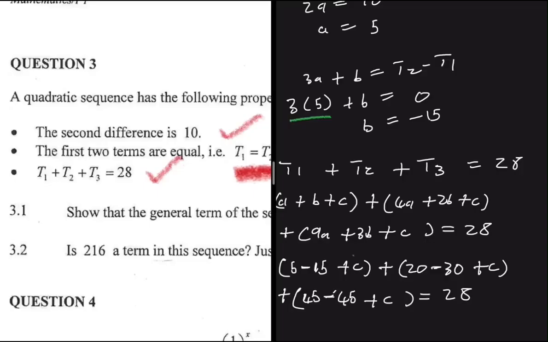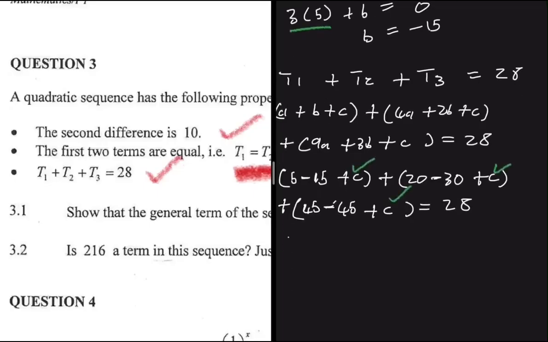So let's see, we have plus c plus c plus c, so we have 3c. Now we just need to add all the other constants, and when we do that, we get minus 20, and this is equal to 28. So we have 3c being equal to 28 plus 20, which is 48.